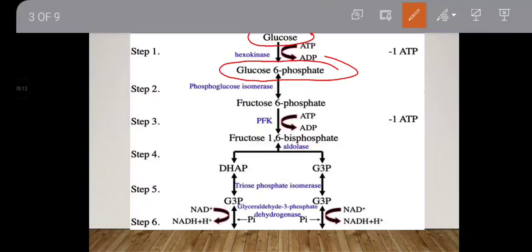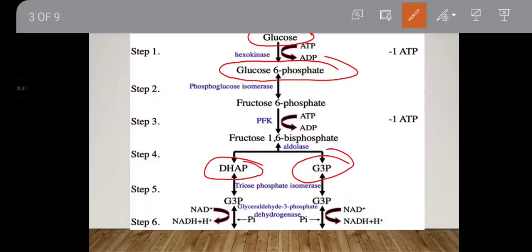Then fructose 1,6 bisphosphate is acted upon by the enzyme aldolase, which cleaves it into 3 carbon molecules of what? Glyceraldehyde 3 phosphate, as well as dihydroxyacetone phosphate. So these are the 2 compounds that are broken down.